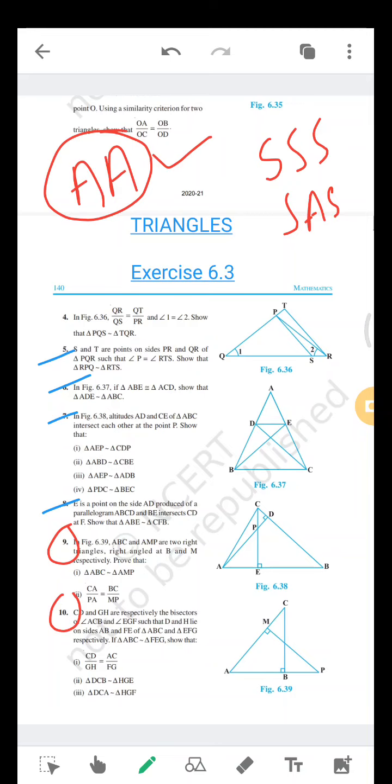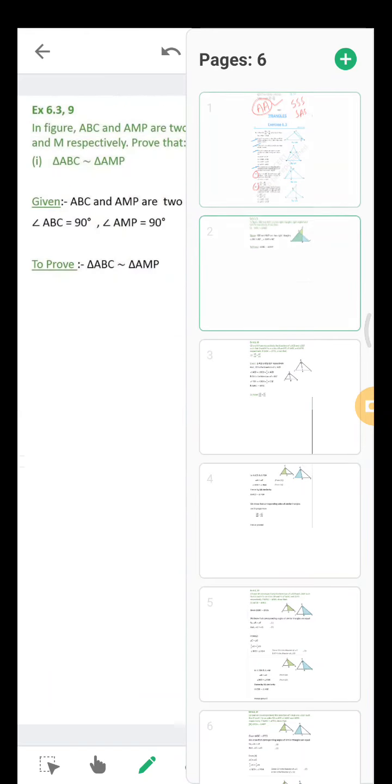Mostly we are using AA similarity, that is if two angles of one triangle are equal to corresponding two angles of another triangle, then they are similar. We did many questions on this in the last session. Now let's see question number 9 and 10 in today's session, by which rule we can prove this too.